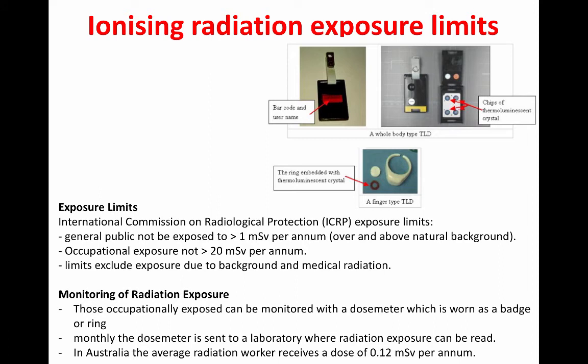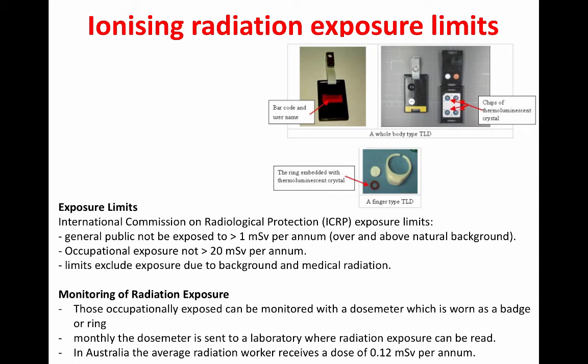Ionizing radiation exposure limits are set by the International Commission on Radiological Protection, the ICRP, and the contamination for general public exposure should be not more than 1 millisievert over a year, over and above the natural background. That's particularly important for people like visitors at radiation units in hospital who have accompanied people who are being treated with ionizing radiation.